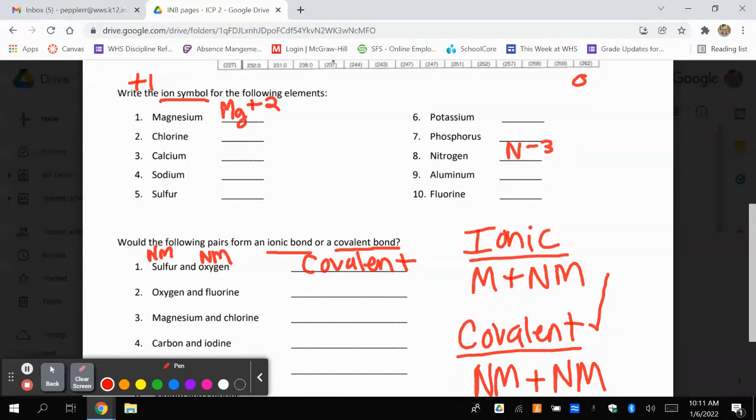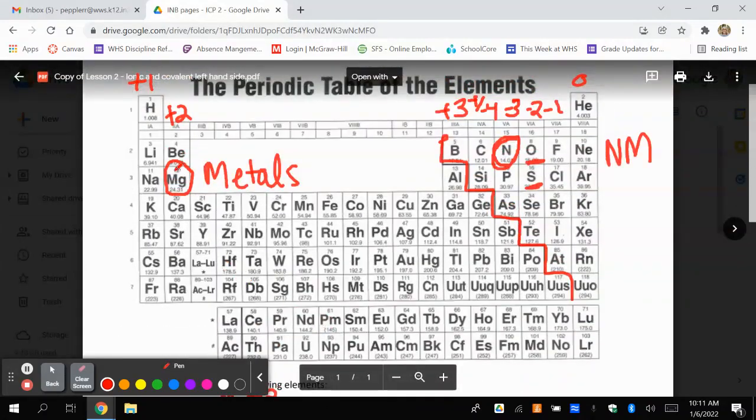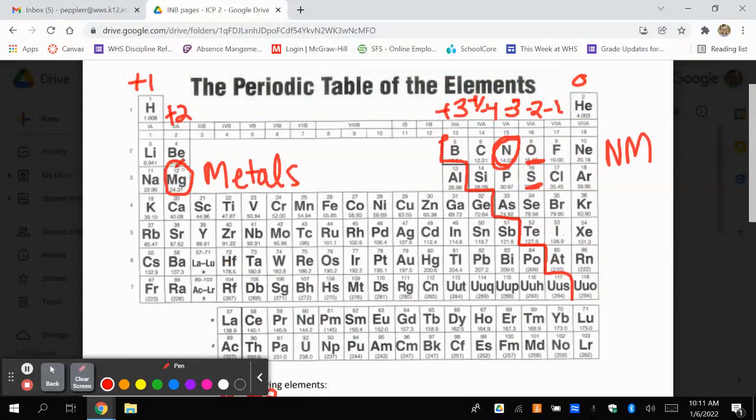Let's do one more together. We're going to look at number 3, magnesium and chlorine. We go up again and find magnesium, which we've done for our ion charges. It's right here. It's on this side of our stair step, so it's a metal.